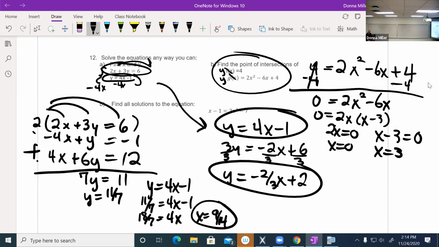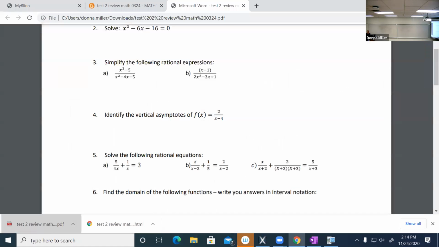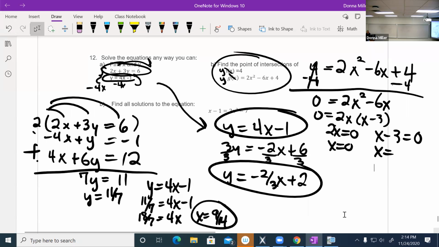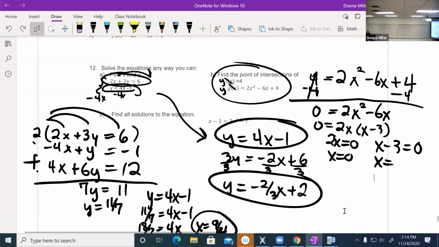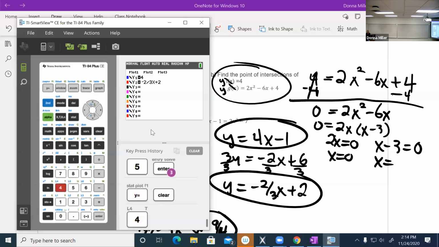Okay. My other option, graphing calculator, just plug them in and find the intersections. I guess I'll do that real quick. Oh, that's not what I wanted to do. What happened? Where'd it go? I know, if I hit undo, it'll all come back. Yep, okay. There it is. All right, so if I just type in y is 4, the other one was 2x squared minus 6x plus 4.